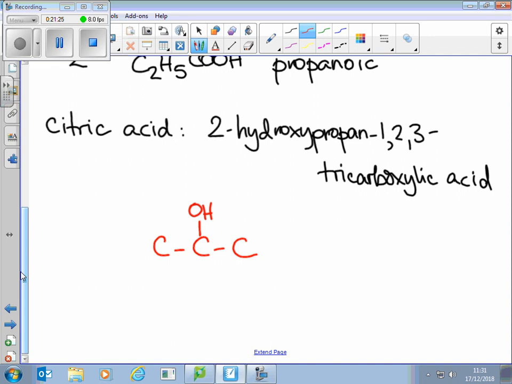A COOH group on here would go, we do a double bond to the O and then OH. So there's one. Oh, that's not going to work on there. Oh dear. If I can't do it on there, okay. I must be wrong. That is a phrase you will not hear very often.